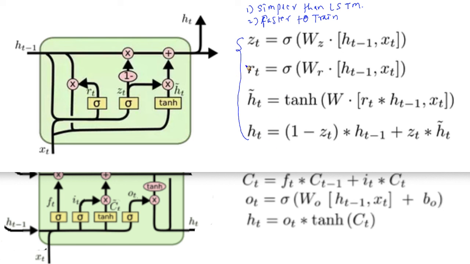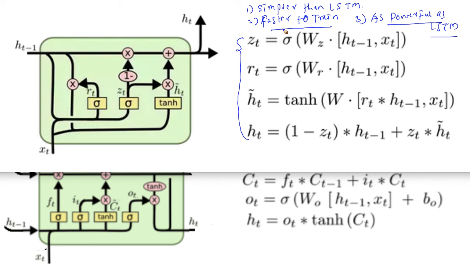Here we have only 4 equations. So that means it is faster to train. Fewer equations, faster training, right? And number 3 is it is as powerful as LSTM. And these GRUs are being used more than LSTM in recent days, because it is faster to train, as powerful as LSTM, and it is simpler than LSTM, right? So these are some advantages of GRU over LSTM.